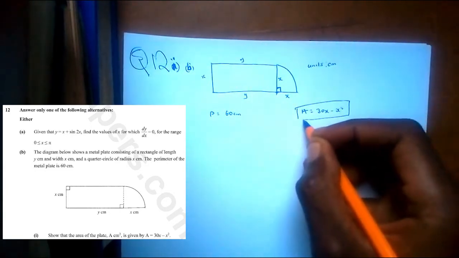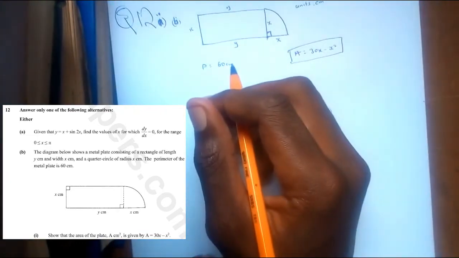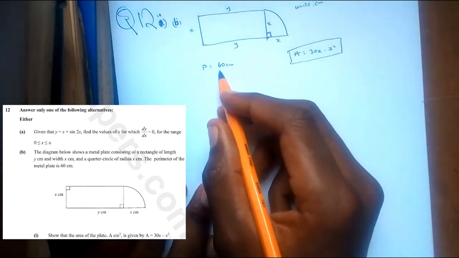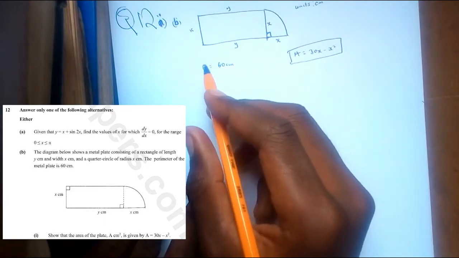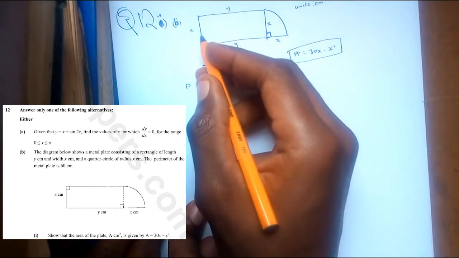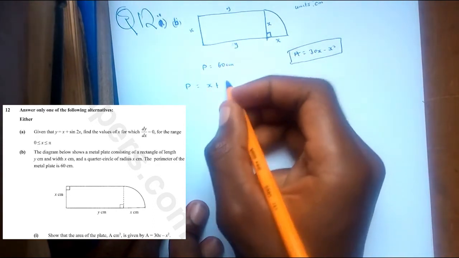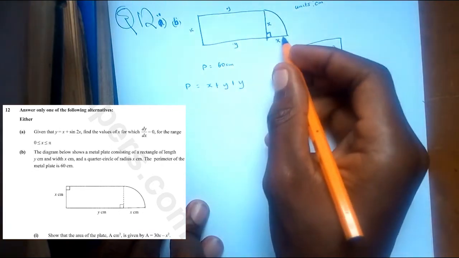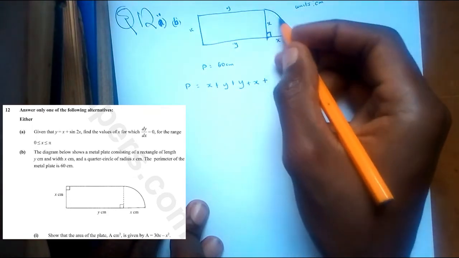Okay. So what we're going to do here is find the perimeter. Perimeter is just the distance around the shape. So the perimeter will be equal to this x here, plus this y here, plus this y here, plus this x here, plus, then we have a sector here.